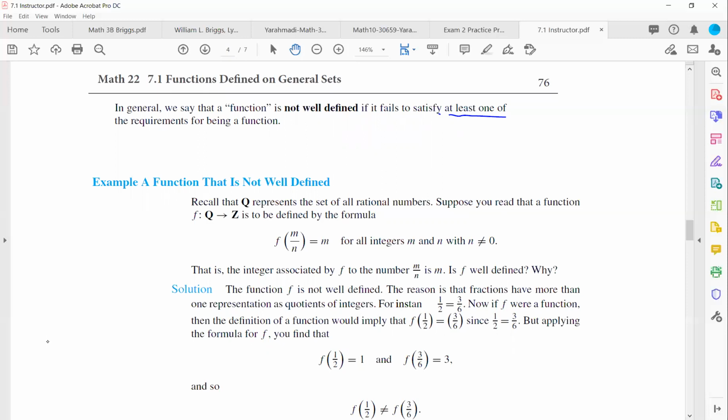Do we have a function that is not well-defined? Consider the set of rational numbers, and suppose you define a function like this.